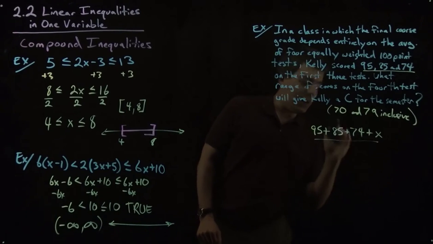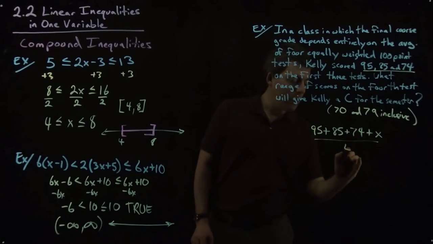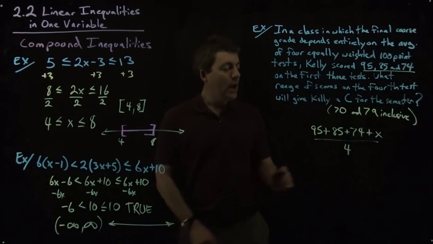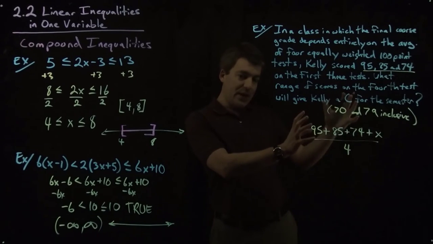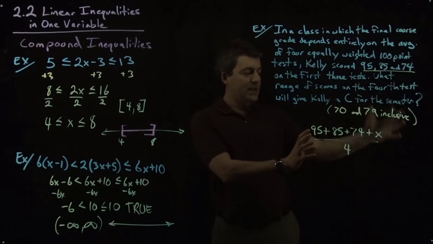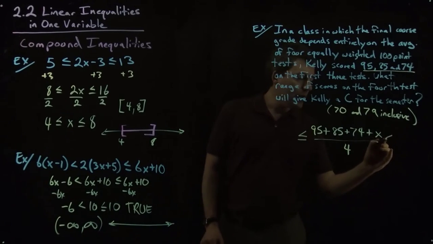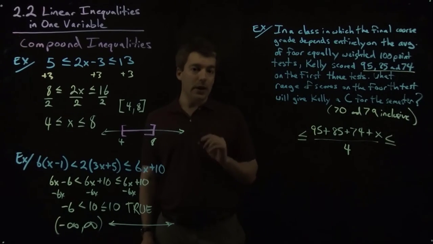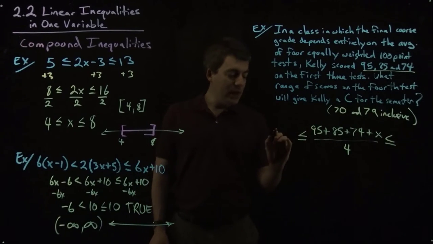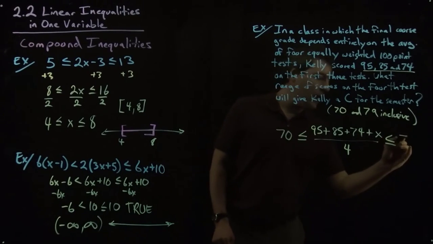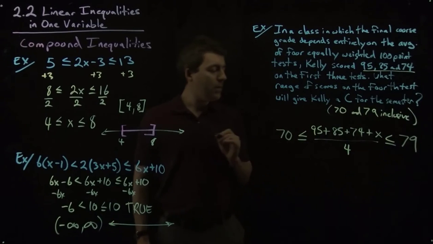Divide by the number of tests, 4. Okay, now this average, for her to get a C, must be between 70 and 79, inclusive. So we'll use non-strict inequality symbols. We'll put 70 down here and 79 up here.